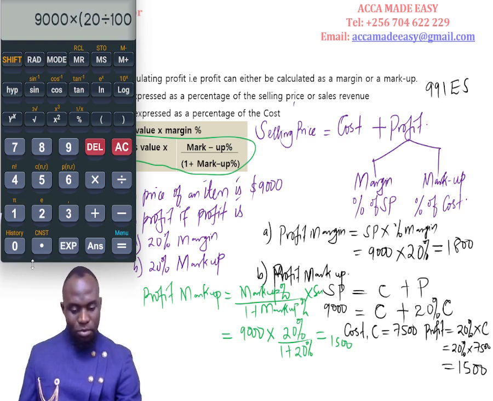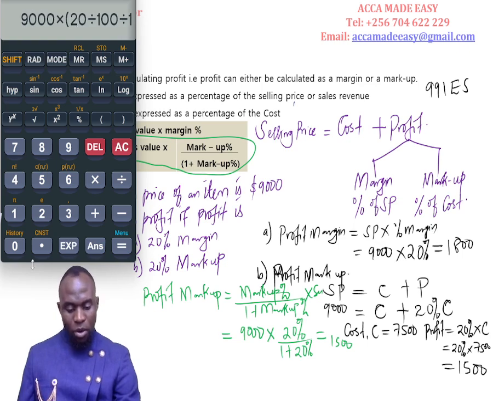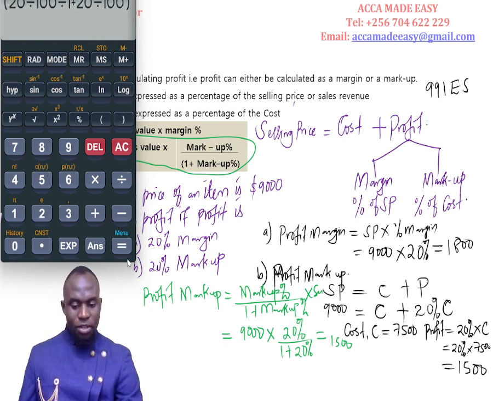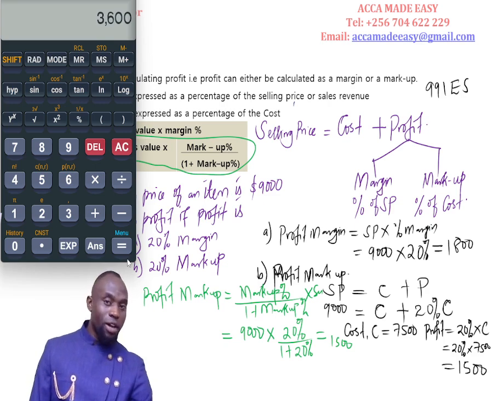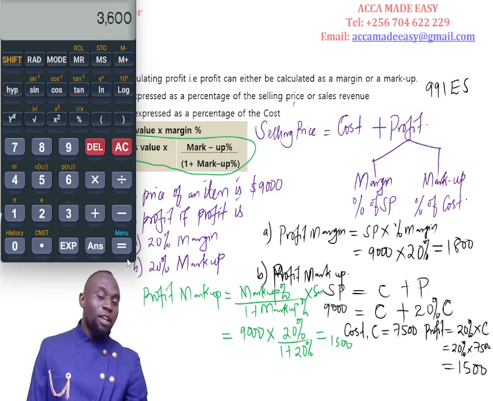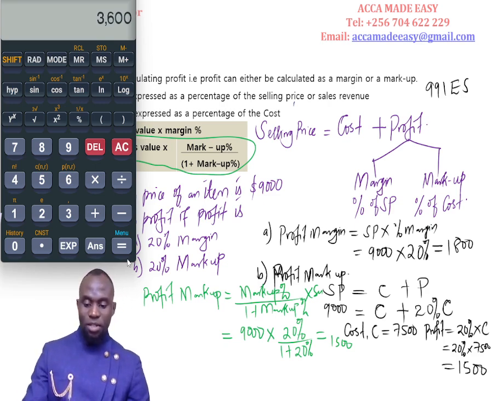Then I have to divide by 1 plus 20%, which is divided by 100. I close the bracket and I get that wrong answer. So you see, the other calculator is far better. You can put the percentages the way they are.